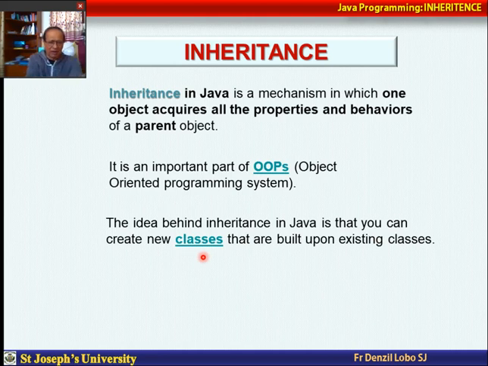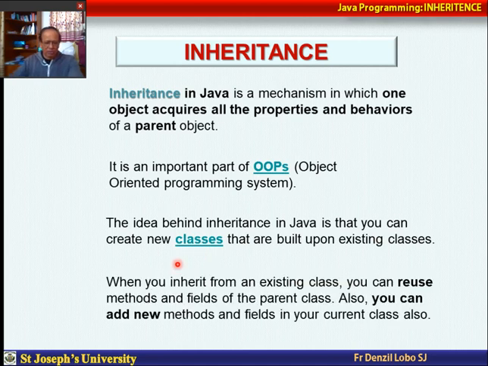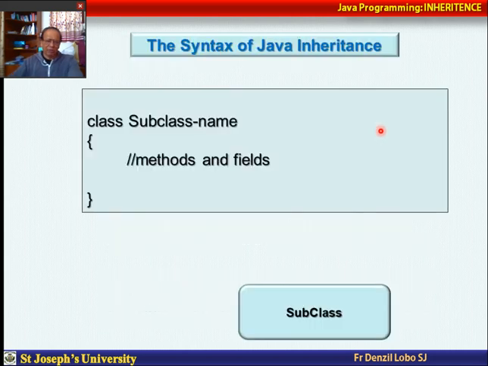You have an existing class, and I can use it in a new class. You can reuse methods and fields of the parent class, and also you can create new methods and fields in the current class or the subclass. So that is the advantage of inheritance. Let us see what it is by working out some problems.